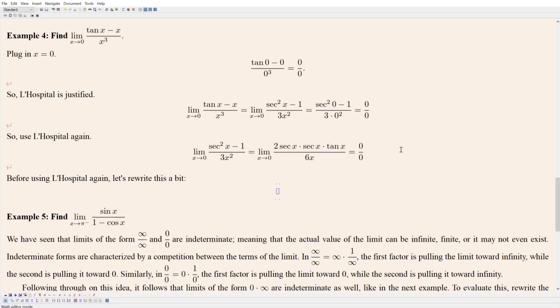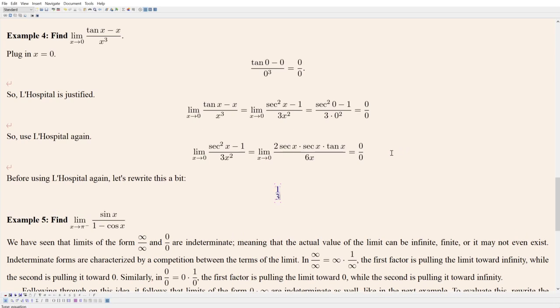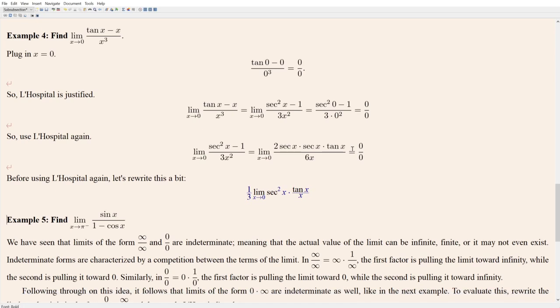In particular, this is the same as, okay, so let's see. 2 over 6 is 1/3, so already I can just pull that out. We have secant squared of x times tangent over x.